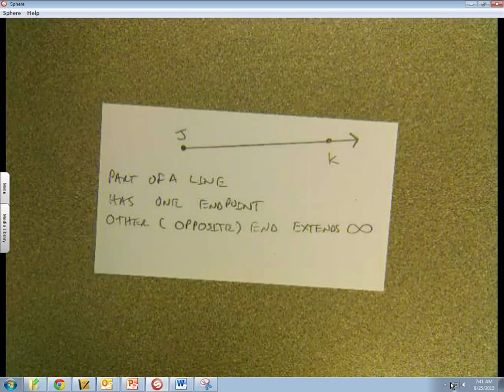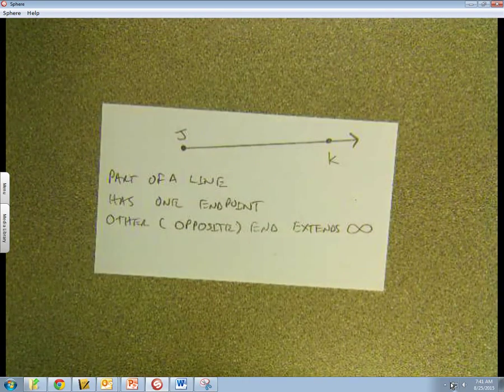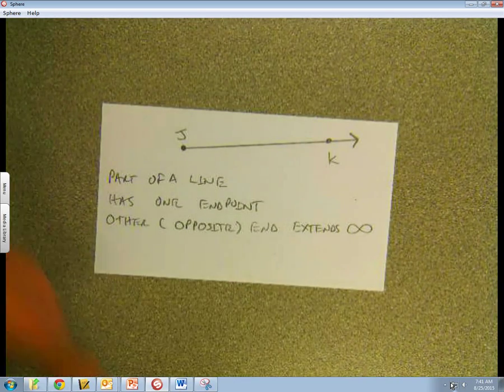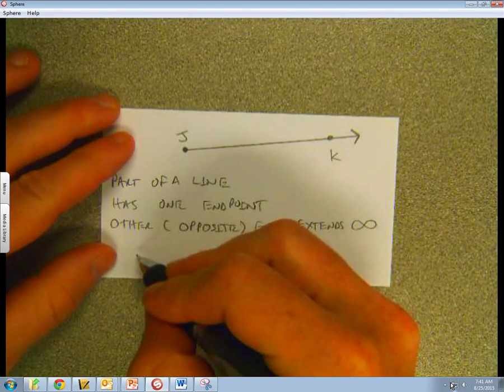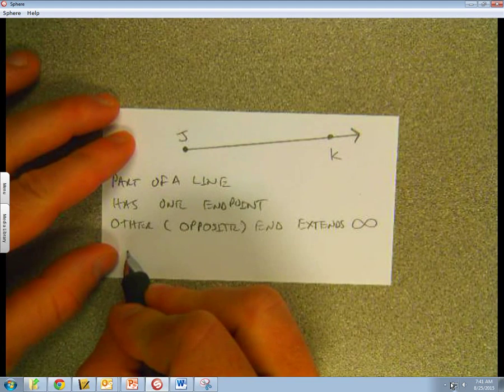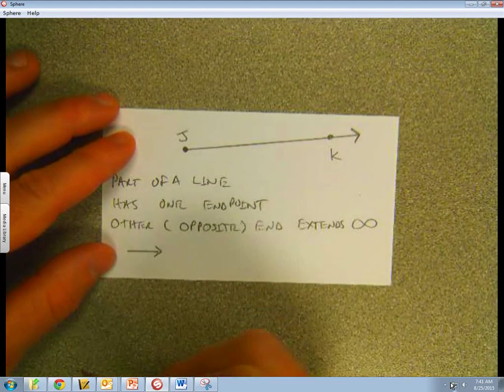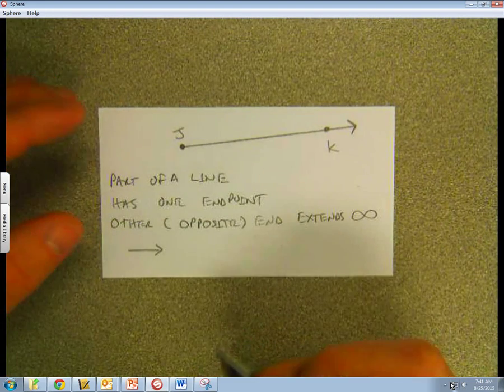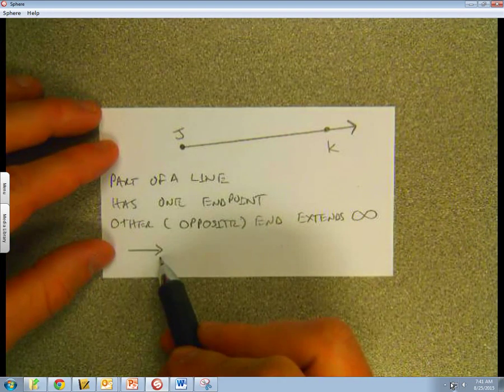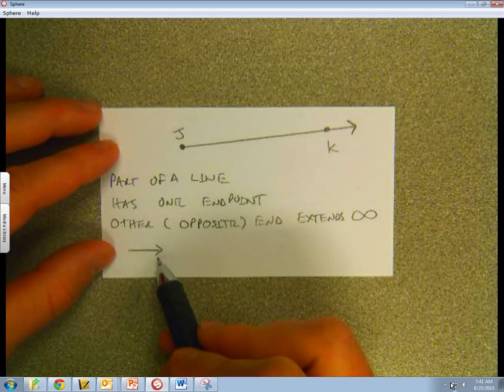How do we write it? Well, this one is a little tricky because we always draw the ray notation from left to right. Alright, so if we're drawing it from left to right, it really doesn't make sense if we say J goes on forever, because it does not go through point J forever.